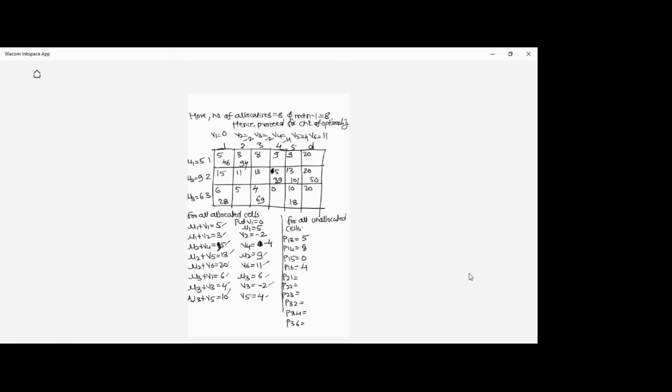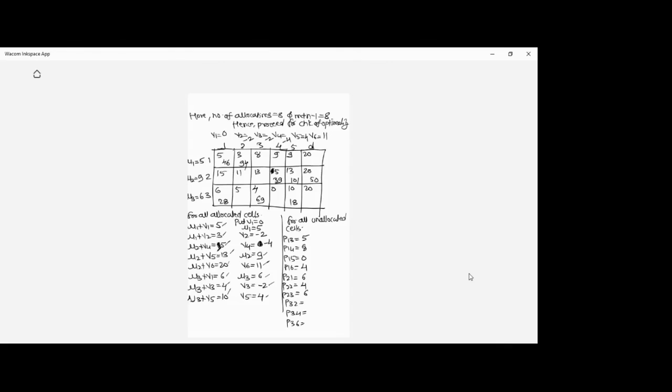For P21, it will be 9 plus 0 is 9, and 15 minus 9 is 6. For P22, it will be 9 minus 2 is 7, and 11 minus 7 is 4. For P23, we have 9 minus 2 is 7, 13 minus 7 is 6.